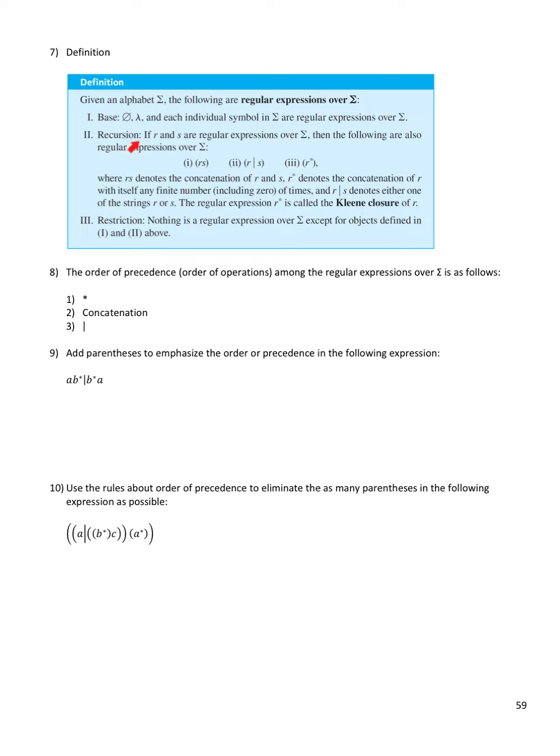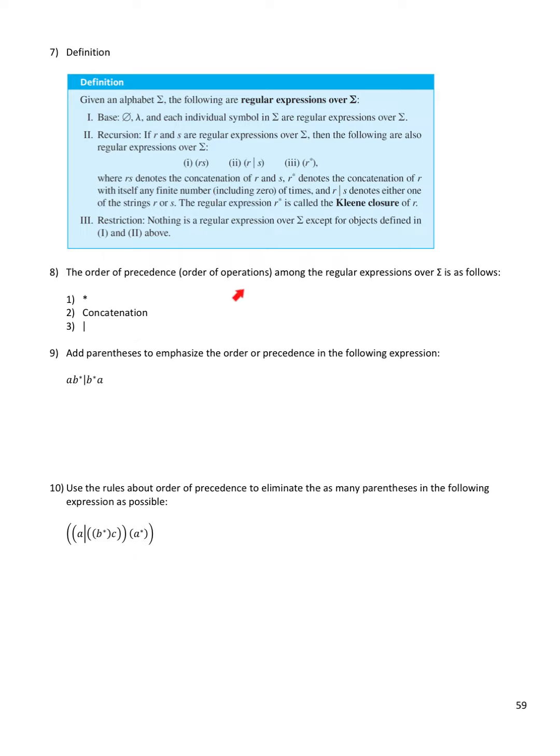Then we can define more regular expressions by concatenation, by R or S, where the vertical line denotes either one of the strings R or S, and by R star, the Kleene closure of R. R star denotes the concatenation of R with itself any finite number of times.